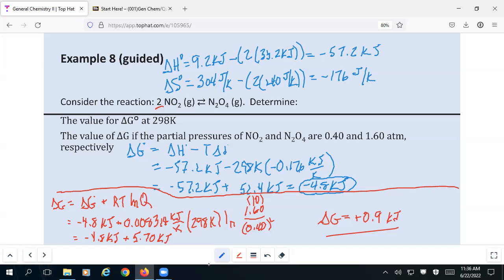Now, what does that really tell us? That tells us that Le Chatelier's principle is going to take over. It's going to shift the whole thing back toward the reactants until we get back to equilibrium. And at that point, delta G will be 0 because we are at a reversible equilibrium condition.